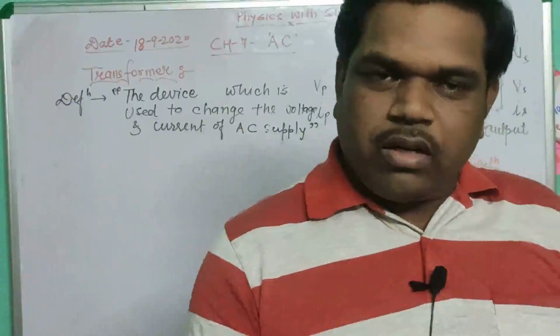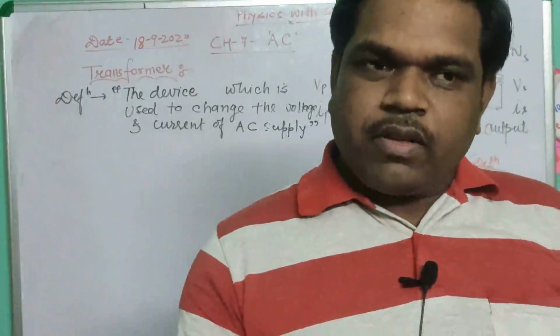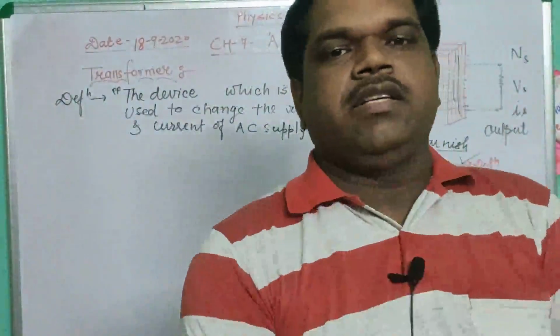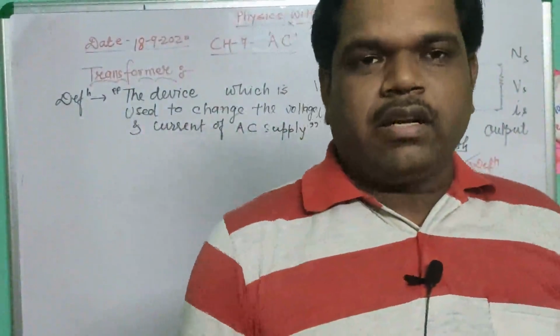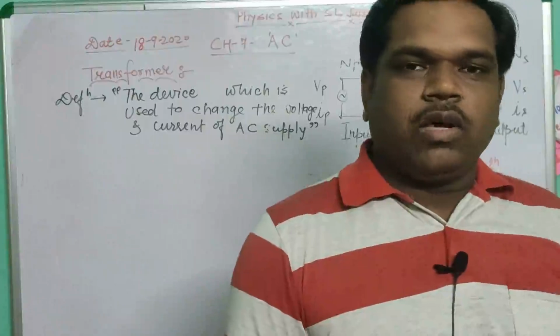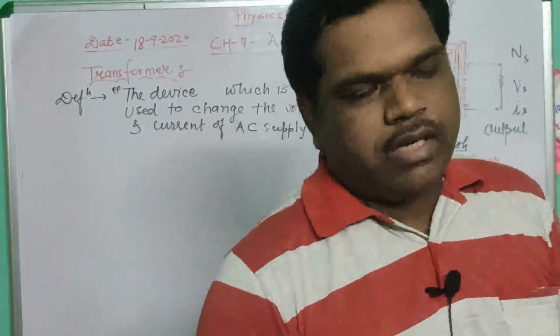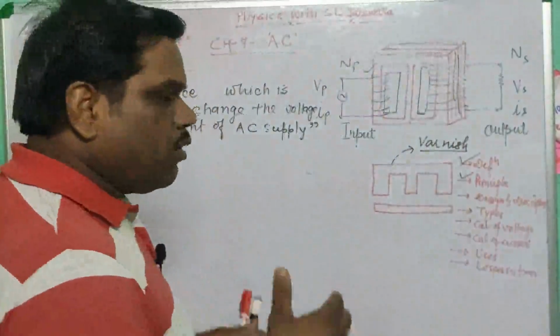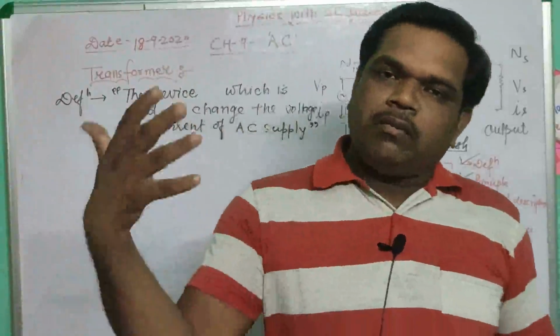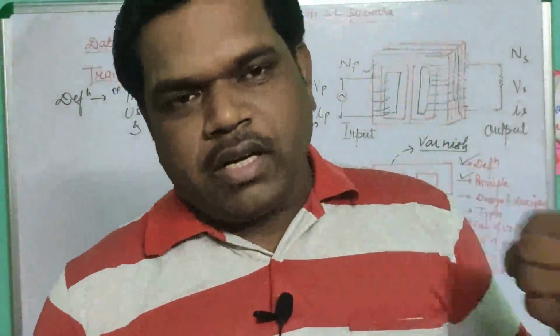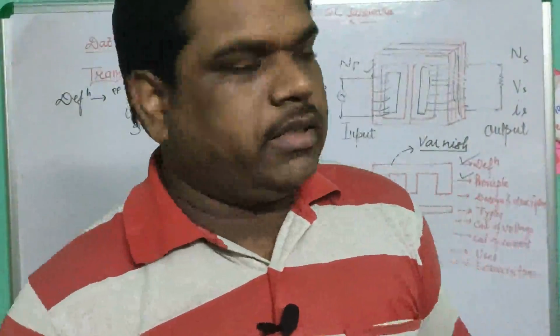So primary coil, the coil through which we apply AC, and secondary coil, the coil through which we get output. Primary coil के क्रॉस हम इनपुट देते हैं, secondary coil के क्रॉस हम आउटपुट लेते हैं.